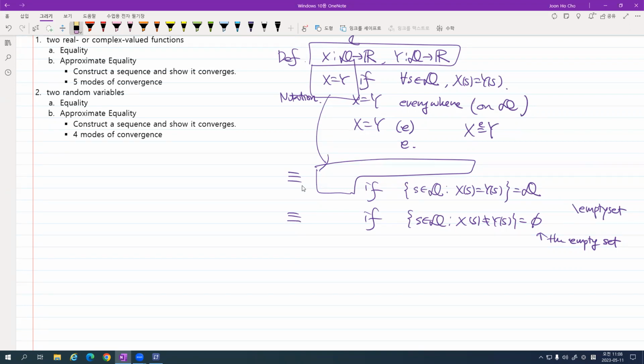Now we define almost everywhere equality, and as the name says, it's about almost everywhere equality. So given two functions having the same domain, in our case two real functions, x equals y almost everywhere if blah, blah, blah.